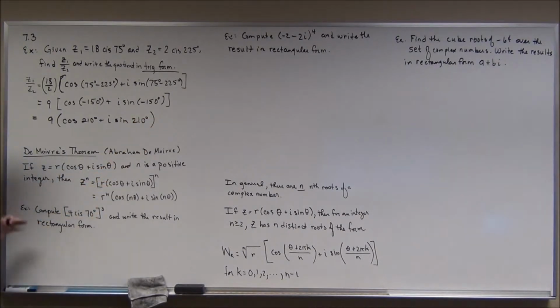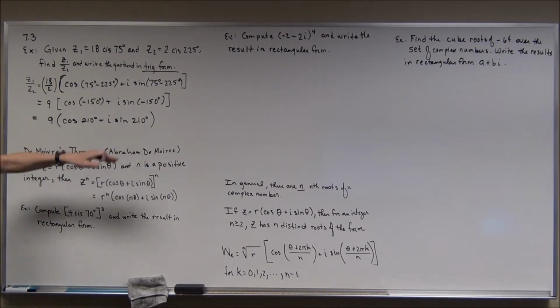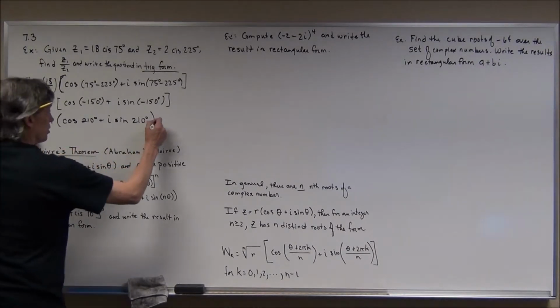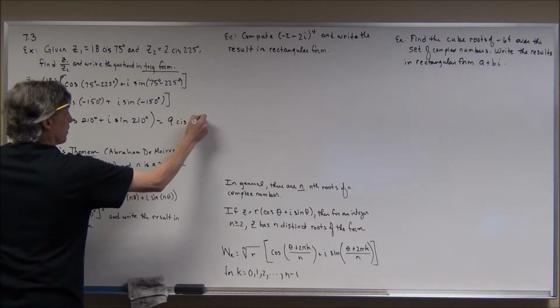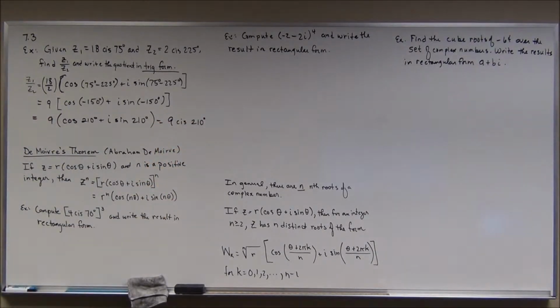Traditionally, when we write it in polar form, the argument is between 0 and 360, including 0 but not 360, or between 0 and 2 pi, including 0 but not 2 pi, and that's all they wanted. Now, if you wrote your answer using the abbreviation 9 CIS 210, that's fine as well. Don't forget your angle sign.